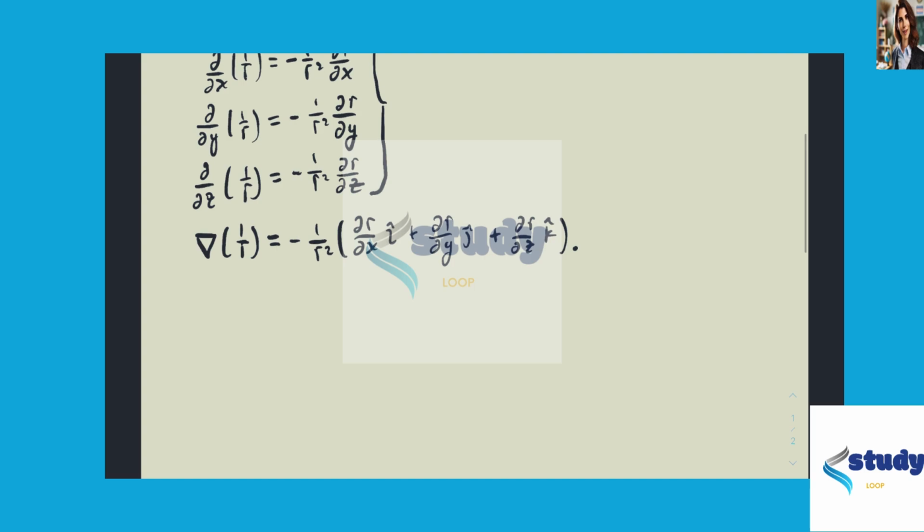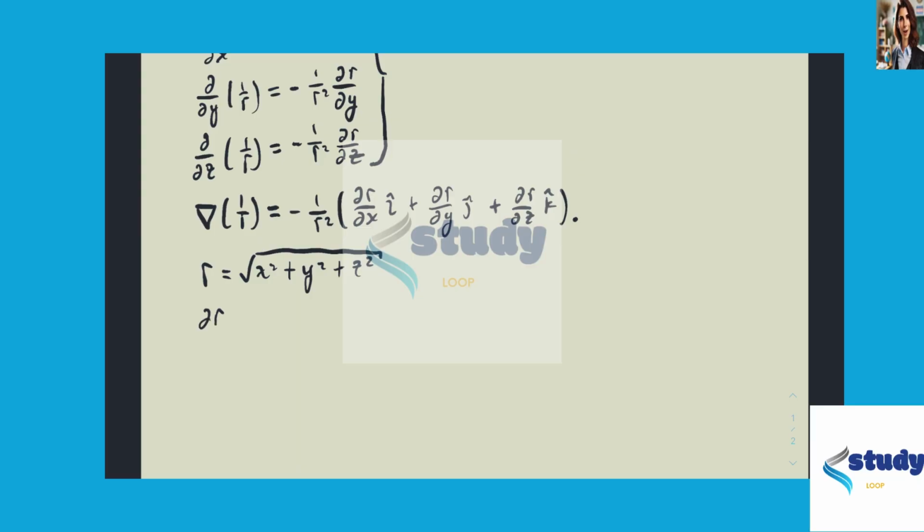Okay, so we know that r is equal to the square root of x squared plus y squared plus z squared. So therefore, dr dx is equal to the derivative of this, so that's x squared plus y squared plus z squared to the 1/2 power, which is equal to 2x over 2 times the square root of x squared plus y squared plus z squared.